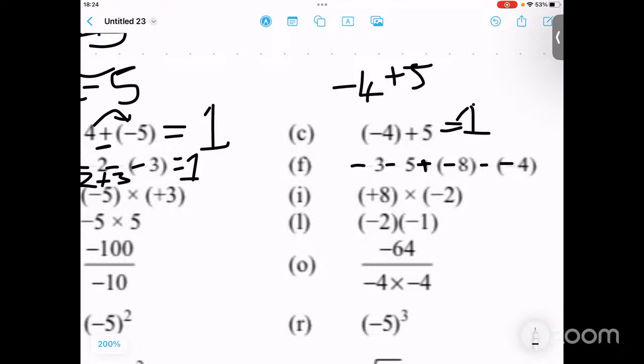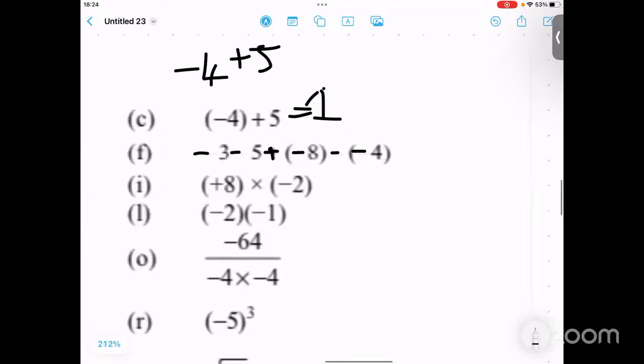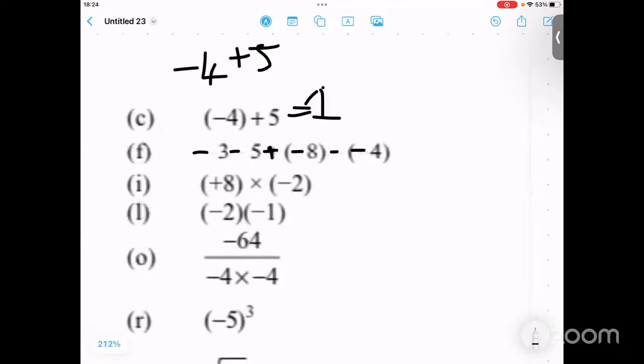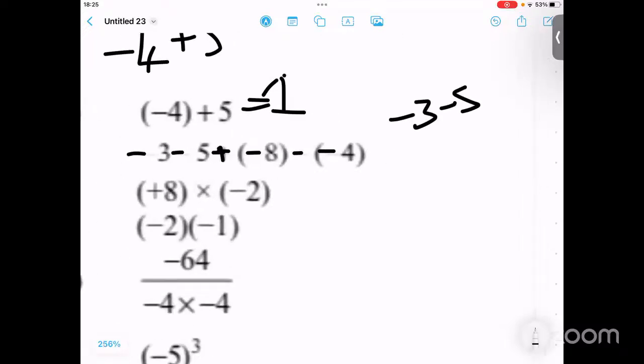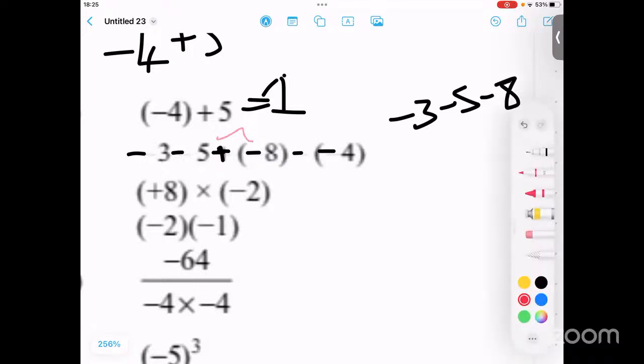So, ma'am, I'm just gonna rewrite it as -3, -5, and then I'm just gonna multiply the signs, the plus and the minus that's in the brackets with the 8, which I'm gonna get a negative sign, so it's gonna be -8. And then, ma'am, I'm gonna multiply the minus that's before the 4 with the 4, and then I'm gonna get +4.